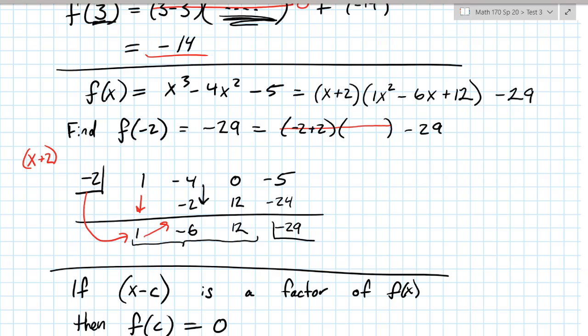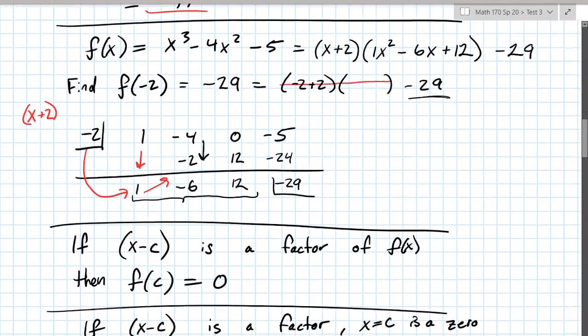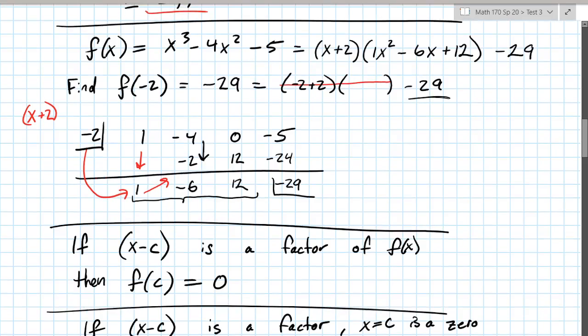So what that means for us, and what our goal is, is to find factors. If we can find a factor, what that means is there's no remainder over here. So if x minus c is a factor of f of x, then f of c equals 0.